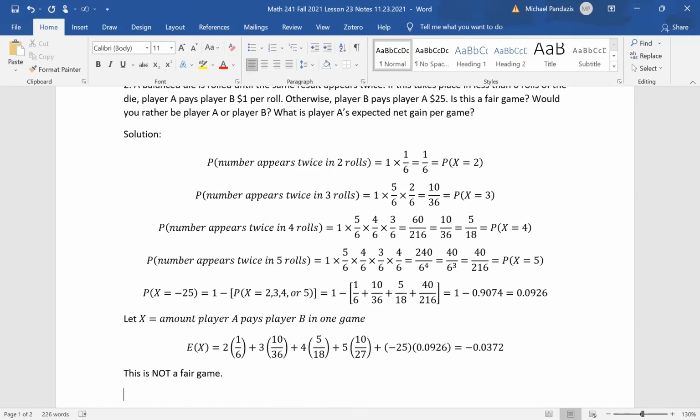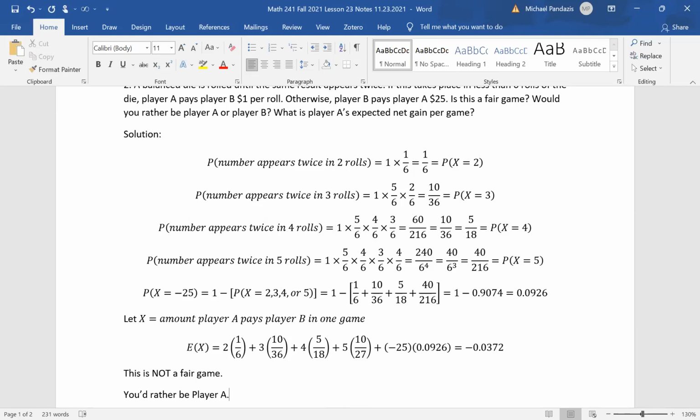So the amount that player A pays player B is negative. And so you'd rather be player B. I mean, you'd rather be player A because the amount that A is giving is negative. I mean, A is getting money.